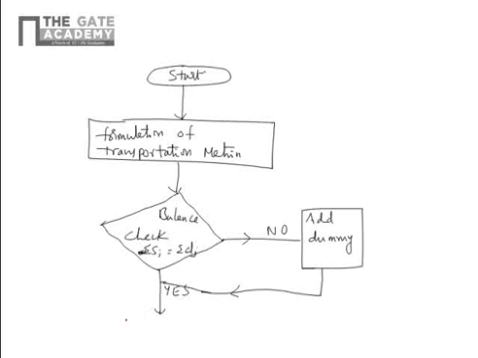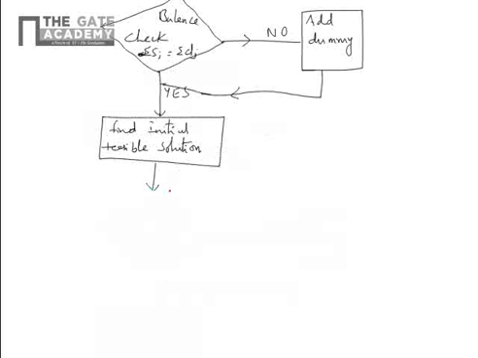Then find the initial feasible solution by three different methods; any of the methods can be used. One is the northwest corner rule, another is the least cost method, and another is Vogel's approximation. After finding the initial feasible solution, next is to test for optimality.